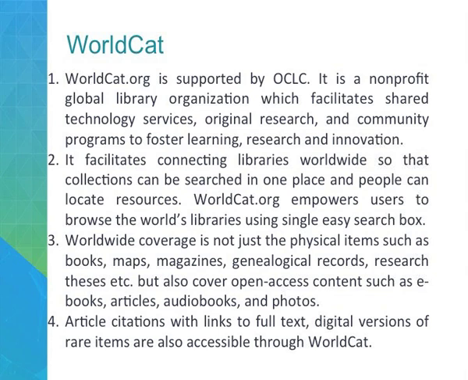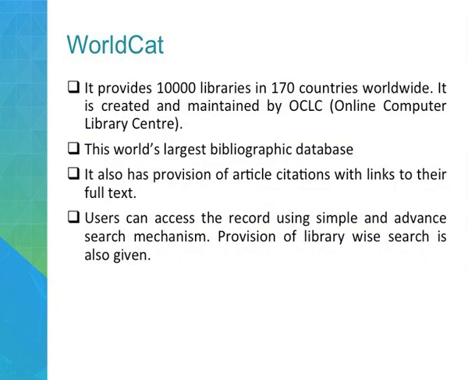So, article citations with links to the full text digital versions of rare items are also accessible through the WorldCat. It provides access to the collections of more than 1 lakh libraries in 170 countries worldwide.